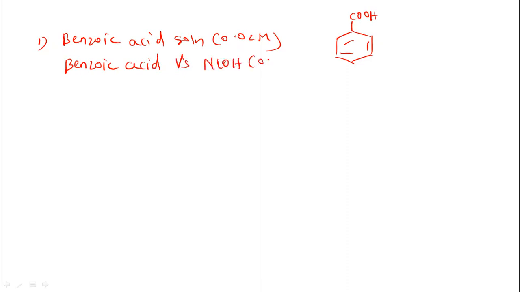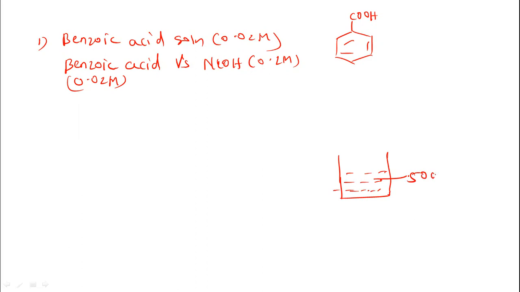The concentration of the NaOH is 0.2 molar, and the concentration of the benzoic acid is 0.02 molar. In a beaker we have to take 50 ml solution of the benzoic acid.